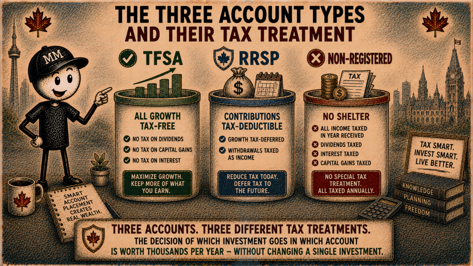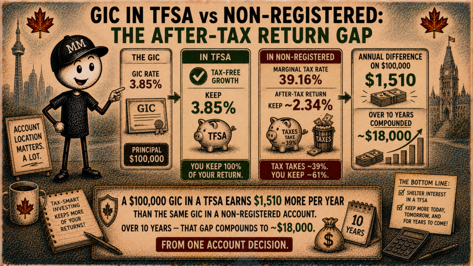The strategic question is, which investments belong in which account? The core principle: put your least tax-efficient investments in your most tax-sheltered accounts. Here is the hierarchy. TFSA, best for interest-bearing investments and foreign dividend payers, the two most heavily taxed income types.